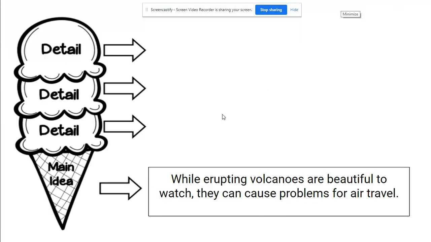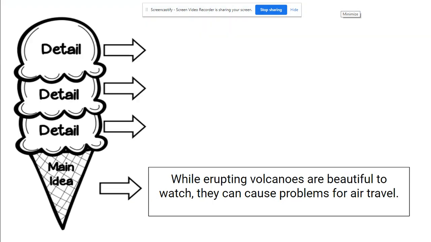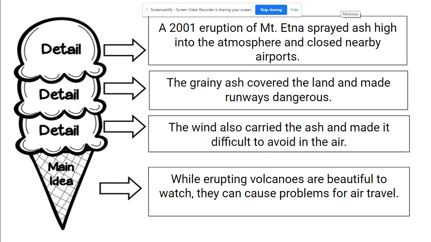So, if we think about this passage using the ice cream cone comparison, we could say that the main idea is that while erupting volcanoes are beautiful to watch, they can cause problems for air travel. We know that because that is the topic sentence of the paragraph, but also all of the details that the author provides support that this is the main idea, because all of the details explain why volcanoes cause problems for air travel.